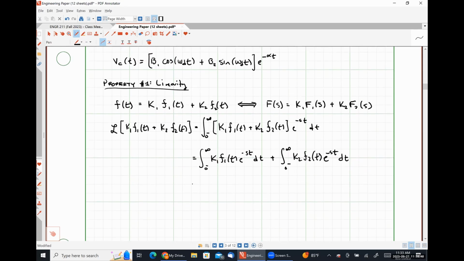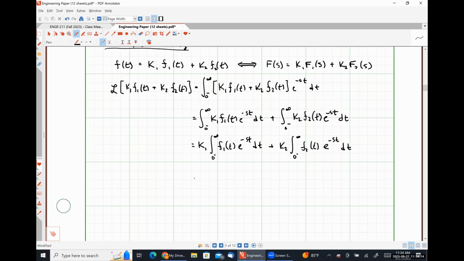Since those k's are constants, that's going to look like k1 times the integral from 0 minus to infinity of f1 e to the negative st dt plus k2 times the integral from 0 minus to infinity of f2 e to the minus st dt.